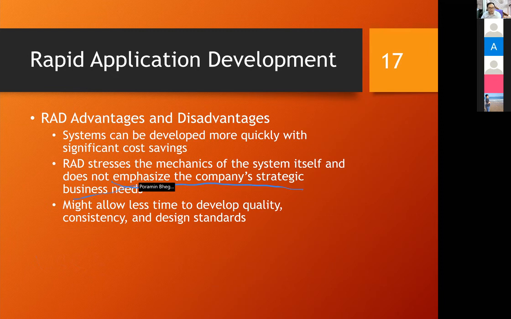The reason is because normally you work with key users, and key users normally belong to specific departments only. So they may not know what strategic business need the top management wants to have. So you have to check with the top management or the department managers all the time for the strategic business needs that they need to have.